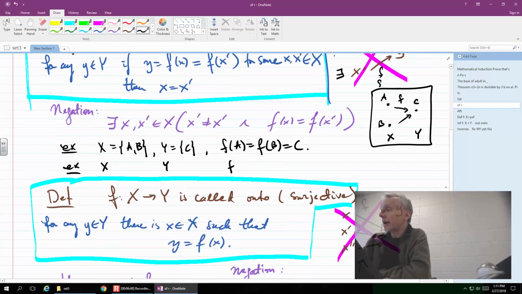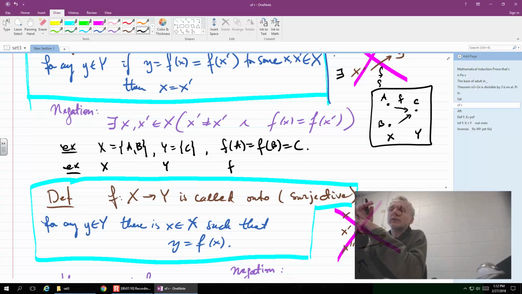Look at the picture on the right there at the bottom. In fact, it has too many. It has way too many. I was trying to make a point with that picture, but it's over dramatic in a way, because to not be onto, you need to violate that property only once, and that's it.